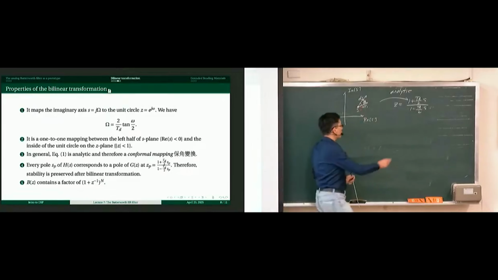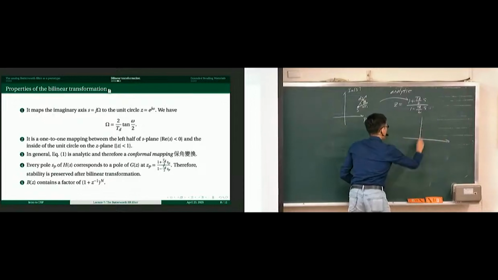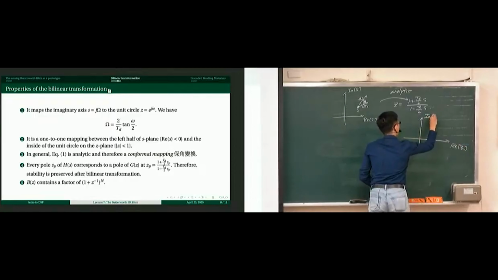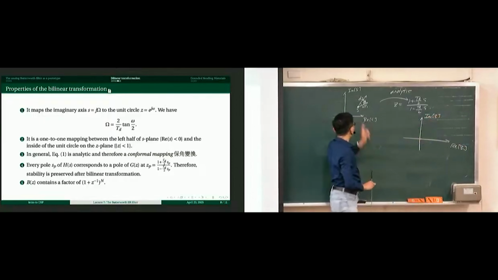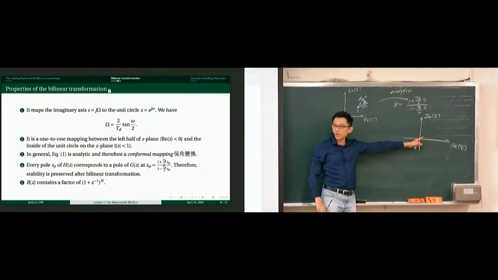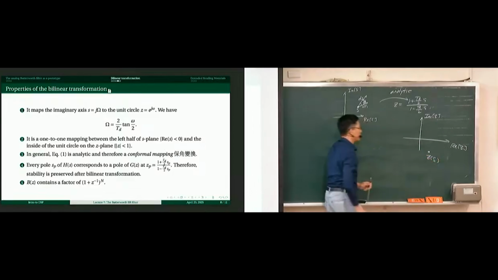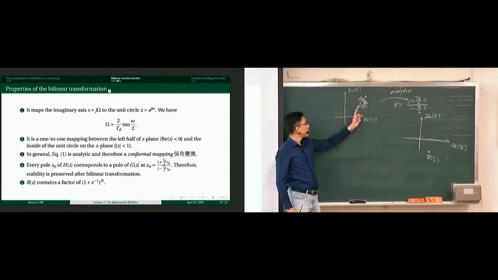So going to the z domain, first of all, S will land somewhere in the z domain. Let's say S is now located right here. It doesn't really matter. Z of S. But now, how does this small move?